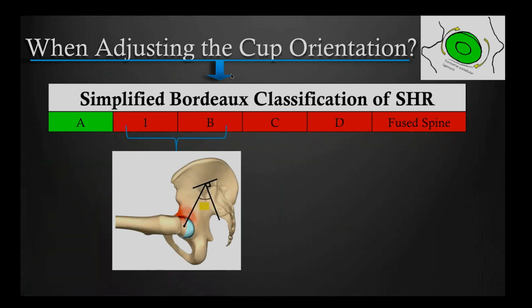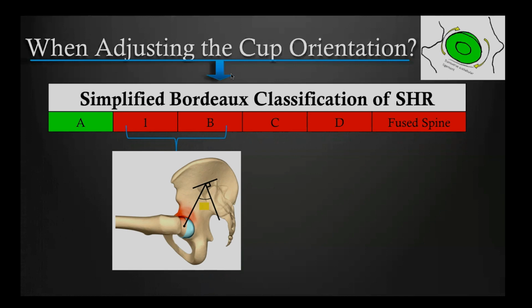The spine is stiff in types 1 and B. Those patients have a stiff spine, but they are balanced when standing. But when they sit, they do not retrovert their pelvis sufficiently. So those patients in sitting position are at risk of anterior hip impingement and posterior edge loading. In type 1, the stiffness of the spine is because of spine pathoanatomy.